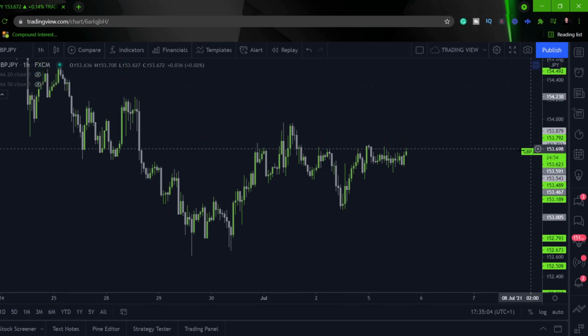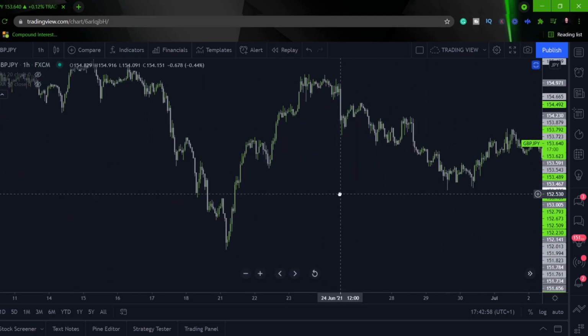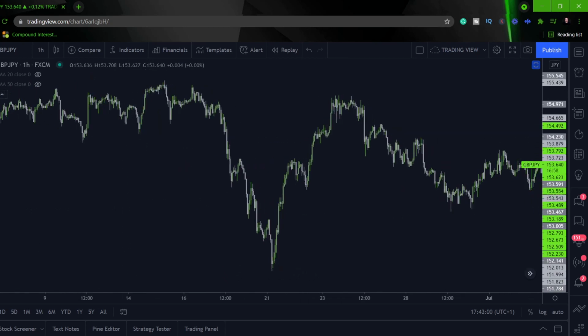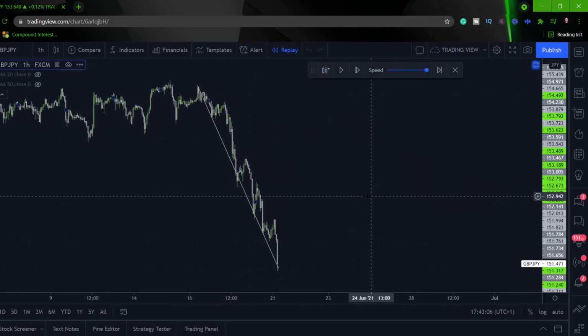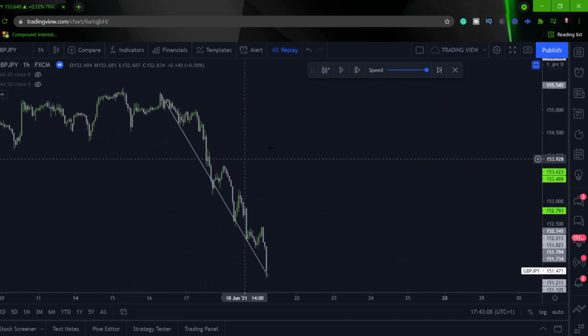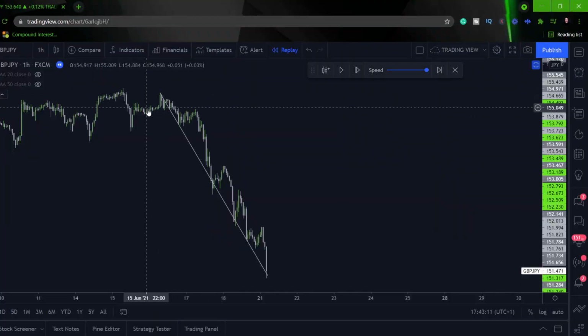Where are orders lying? If we're looking at this swing down here, I want you to think about the market in terms of liquidity, in terms of resting orders, and where most of the orders in the market are.